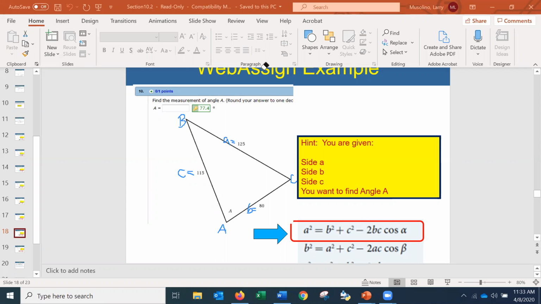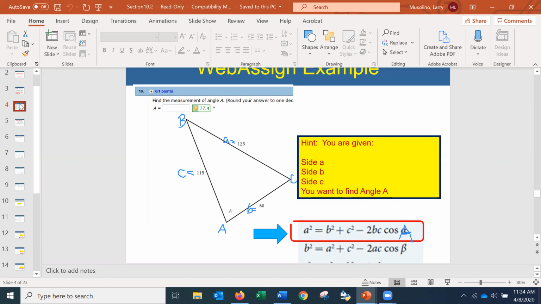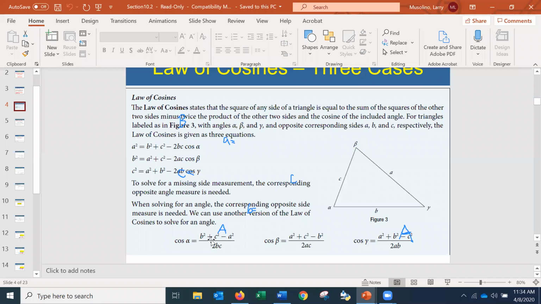Now, I could use the formula that's circled in red here because this formula uses angle A. But instead of using that formula, let me jump back to slide 4 for a second. Because if I go back to slide 4, it might be a little easier to use the formulas on the bottom of this slide because they've been already arranged for me to make it easy to find the angles.